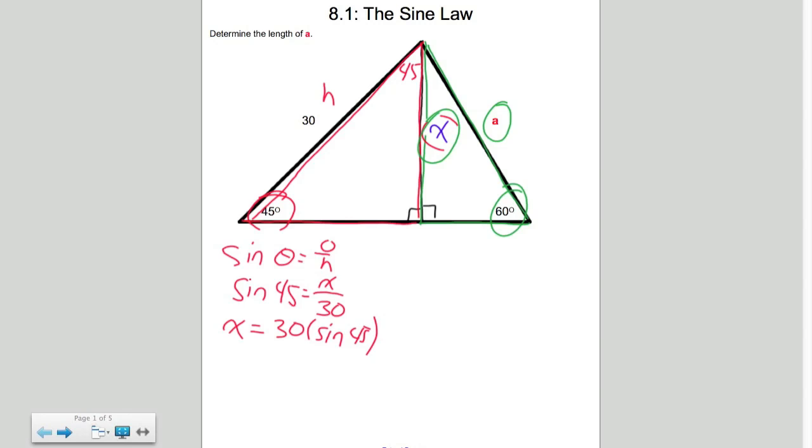Sine, right? Sine of theta is opposite over hypotenuse. In this case, theta is 60, the opposite side is x, and the hypotenuse is a. So similar to what we did last time, x is equal to a times the sine of 60.